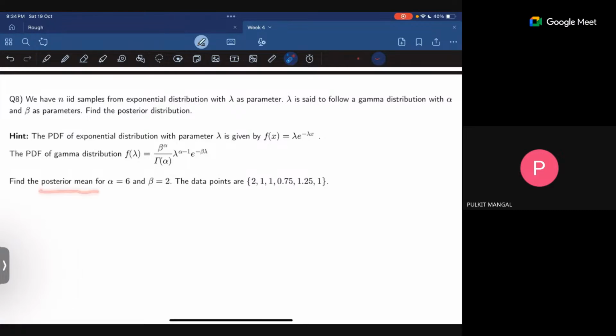The next part asks you to calculate the posterior mean for alpha equal to 6 and beta equal to 2. So first you have to check what posterior distribution you will get.